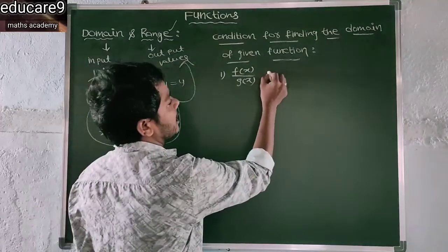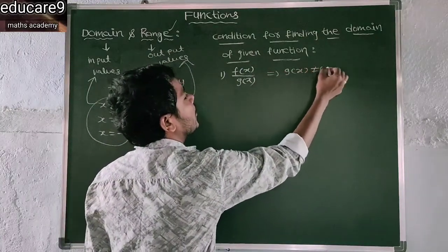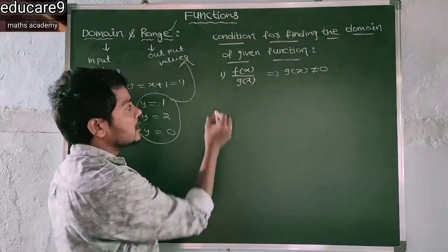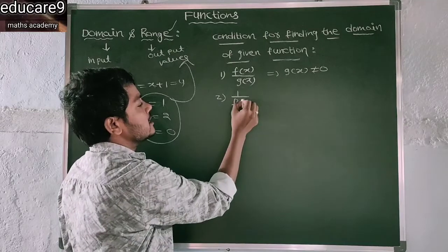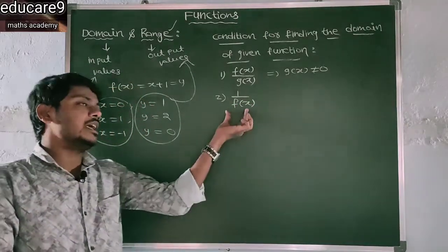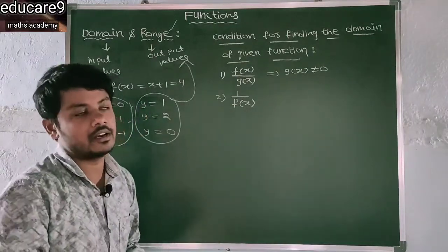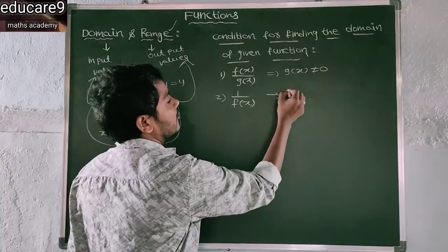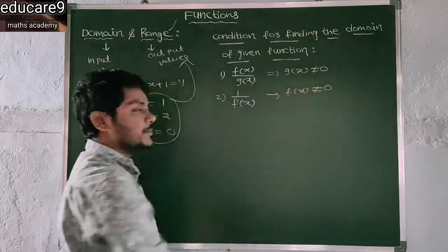So that's why g of x is not equal to 0. And second one, if the given function is in the form of 1 by f of x, clearly if the denominator is 0, then the given function is not defined. So that's why f of x is not equal to 0.